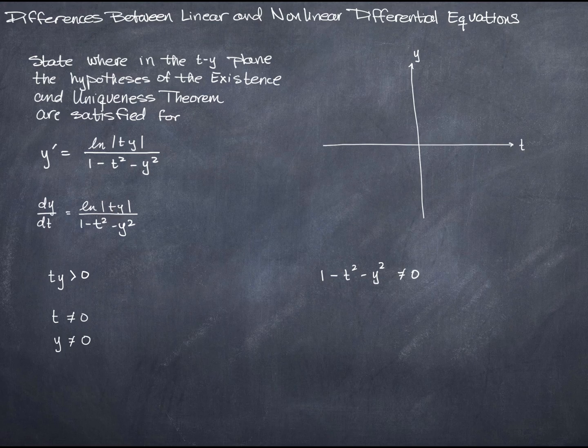Also, since the product of t and y has to be positive, either both t and y have to be greater than 0, or both t and y have to be less than 0.